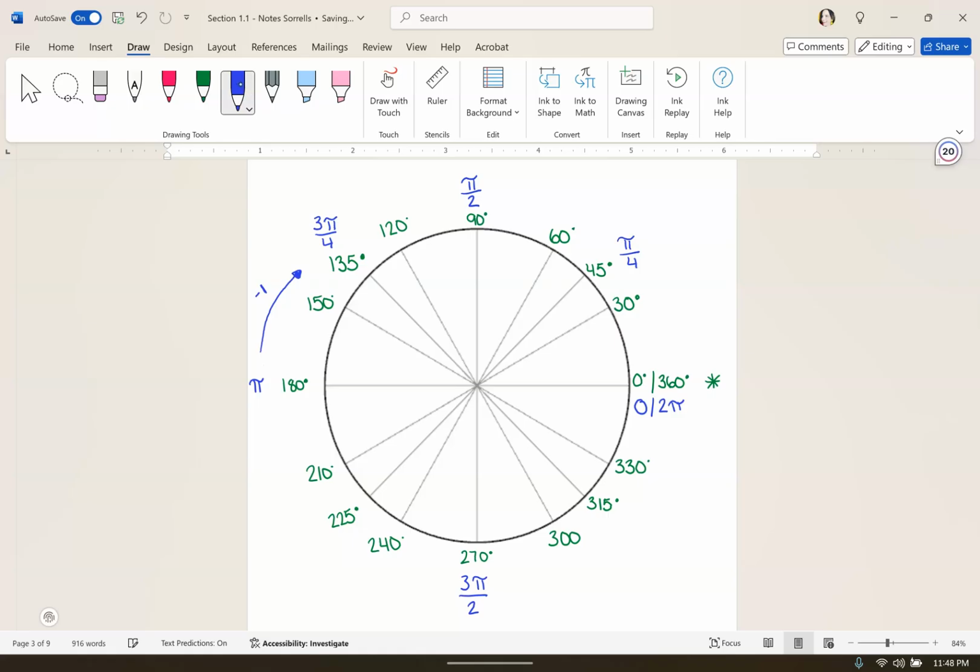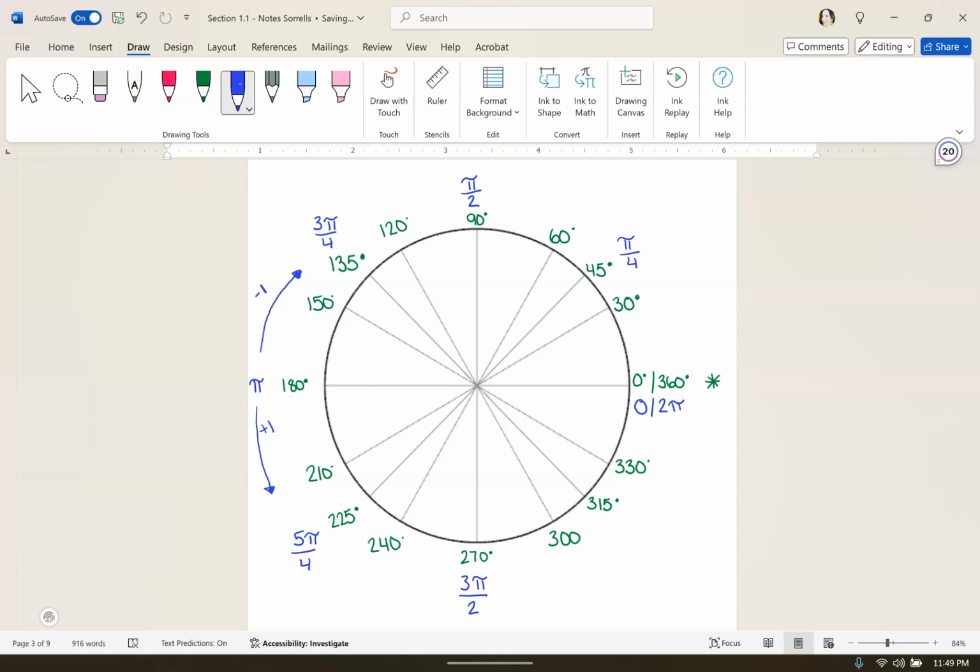So if I go minus 1 in quadrant 2, we already know that in this direction we have to add. Okay, so if I have to add going this direction, you are going to add 1 to the denominator. So if my denominator is 4, we're going to add 1. So that means this is 5 pi over 4. Okay, and see, that makes sense.